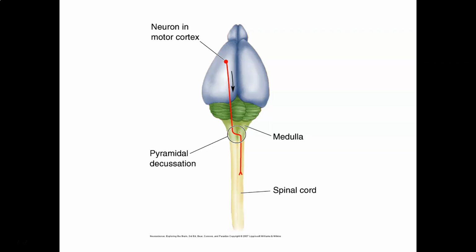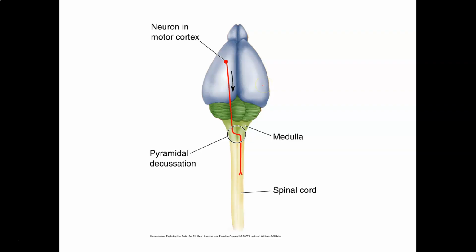One of the things I haven't mentioned but is really important is that all motor function and sensory information from one side of the body is handled by the opposite side of the brain. So information from our right half is controlled by our left hemisphere, and information from our left half is controlled by the right hemisphere.